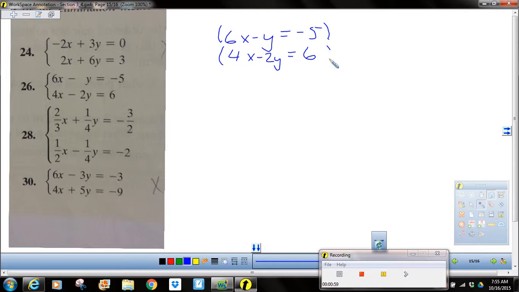A common multiple for 6 and 4 would be 12. I'd have to multiply this one by 2 and this one by 3 to get 12. That's going to give me 12x on both of these. Now, I need them to be additive inverses, so they need to have different signs. So I'm going to put a negative on one of them, just so that now I'll have different signs. Multiply this across.